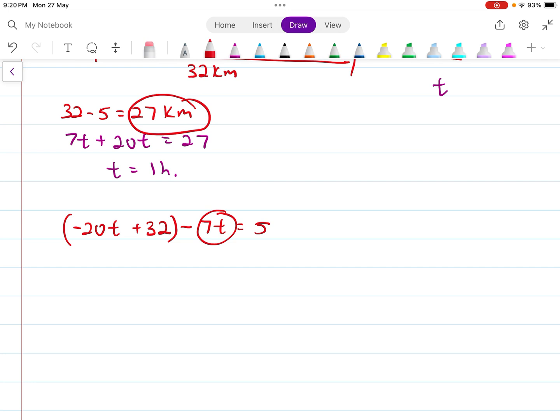Of course I manipulate a bit: minus 27t plus 32 equals 5, so minus 27t equals minus 27, and t will be equal to 1 hour. I believe both should be fine. Alright, so that is how we solve this question.